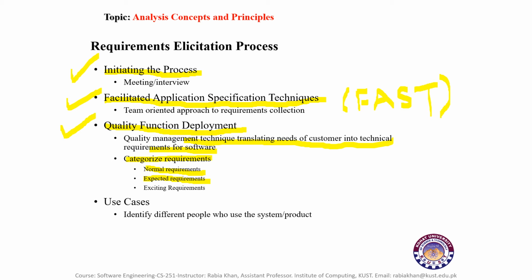The last set of requirements are the exciting requirements. These features go beyond the customer's expectations and prove to be very satisfying, making the customer very happy when present. If you want to give extra excitement to your customer, these features are added, which are neither requested nor even expected by the customer.